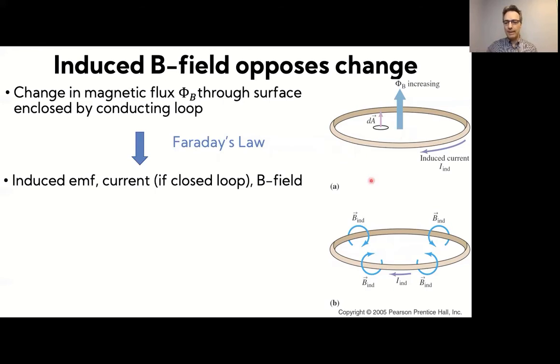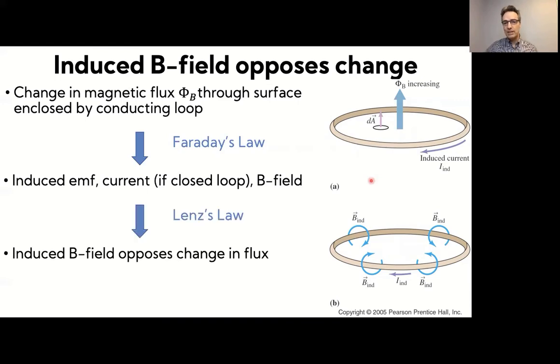Lenz's law tells us the direction of that current: we're going to generate a current that produces a downward magnetic field to counteract this change in flux. To get a downward pointing magnetic field, we need a clockwise current. With a clockwise current, we indeed make a downward magnetic field that opposes that change in flux. Essentially, it means the magnetic field we generate in this loop has its north pole facing down, because that's the direction the field is pointing.